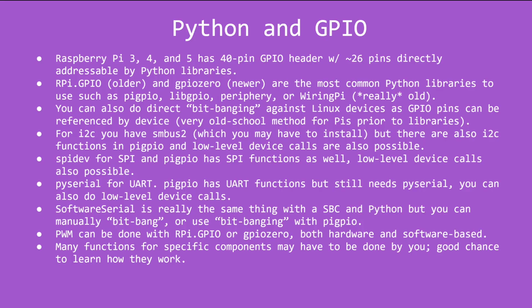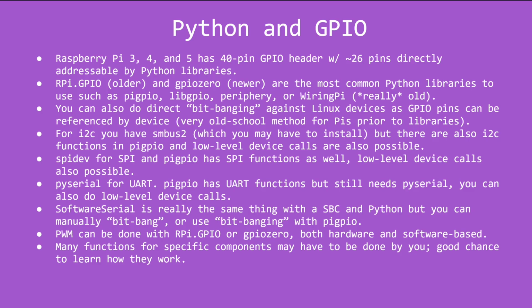Now, since some of the reason I'm covering Python is for single board computers, we really need to talk about GPIO. Raspberry Pi 3, 4, and 5 have 40 pin GPIO headers, and about 26 of those pins are directly addressable by Python libraries. The two major libraries to use for Python are RPi.GPIO, that's older, and then there's GPIO Zero, that's newer.